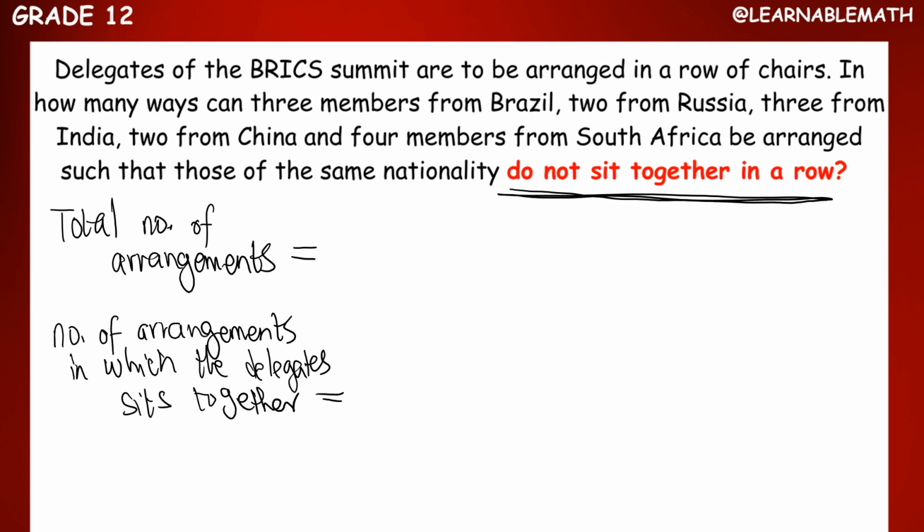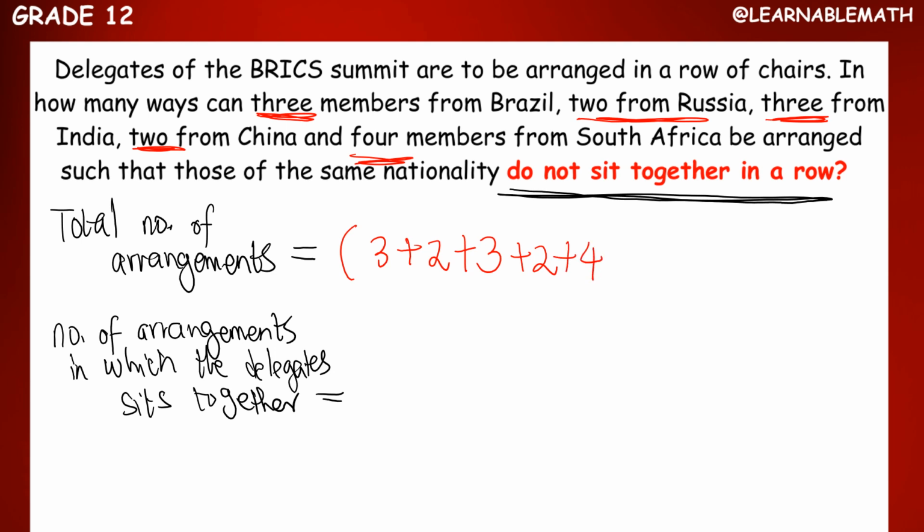We were told that we have 3 members from Brazil, so we have 3. We have 2 members from Russia, plus 2. Then we have 3 from India, plus 3. And we have 2 from China, plus 2. And we have 4 members from South Africa, plus 4.